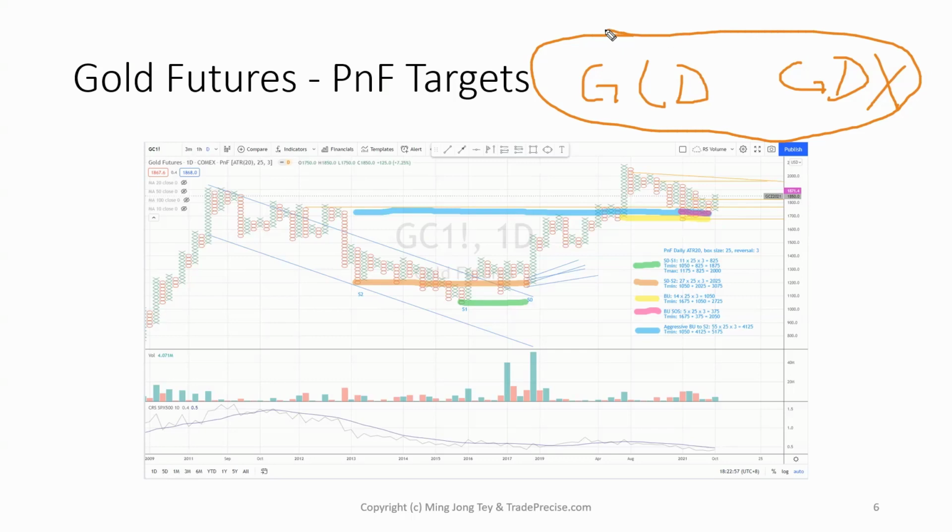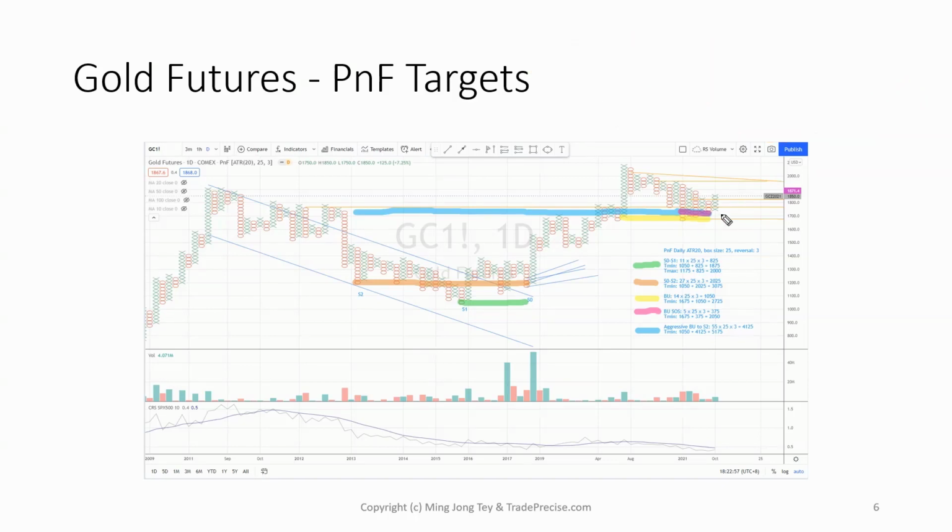These two are definitely very easy to trade or just buy and hold, with your stop loss just below the swing low level, or maybe you want to manage it with the daily chart. It's totally up to you. But certainly, based on the point and figure targets, there is a lot of upside, with the first target somewhere around the previous swing high, 2050, followed by 3,000.